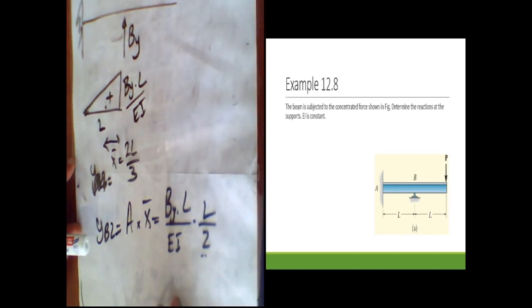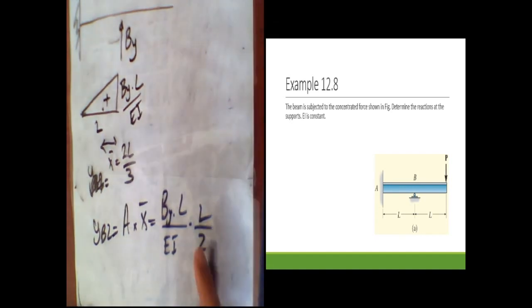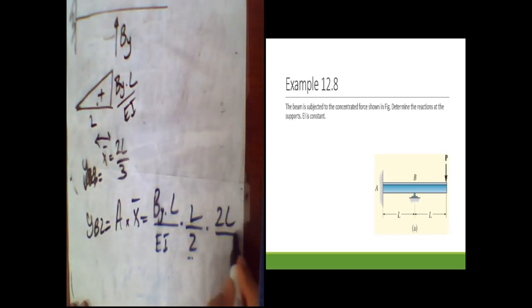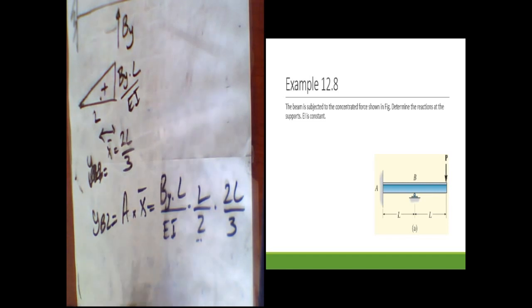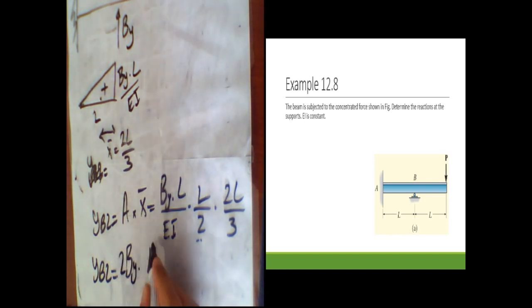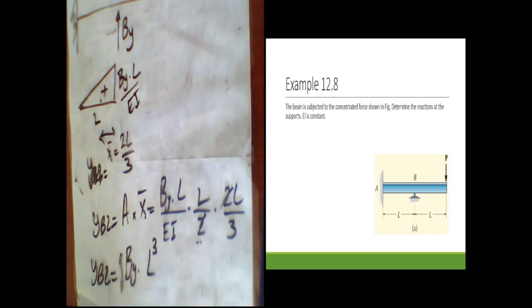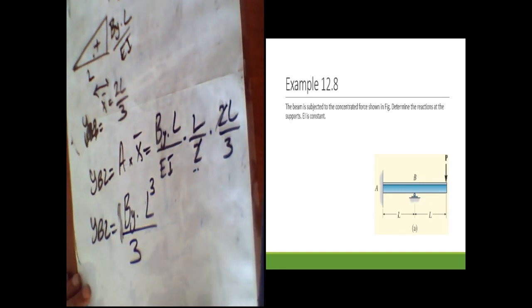The 2 comes from the triangle shape, times X bar, 2L over 3. Therefore YB2 is equal to BY times L cubed over 3, if I made any mistakes.